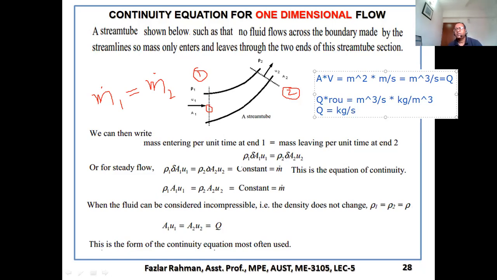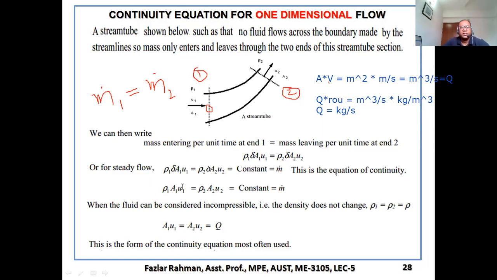That means area times velocity times density gives you the mass flow rate. So right over here, you get rho 1 into del A1, or you can say only A1, U1, equal to rho 2 A2 U2, equal to the mass flow rate, and that is constant in that case.